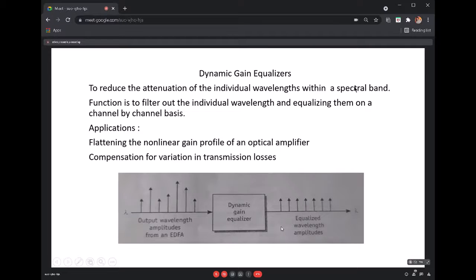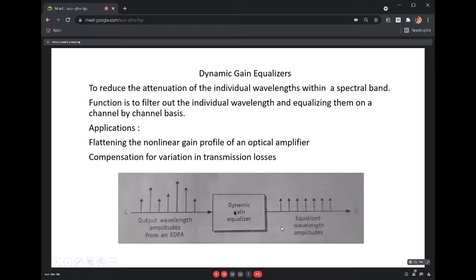So within the spectral band, what is it going to do? Basically, the function is to filter out the individual wavelengths, and we are going to equalize them on a channel by channel basis. So you can see in this diagram, you have output wavelength amplitudes from an erbium doped fiber amplifier, for example, or from some amplifiers.